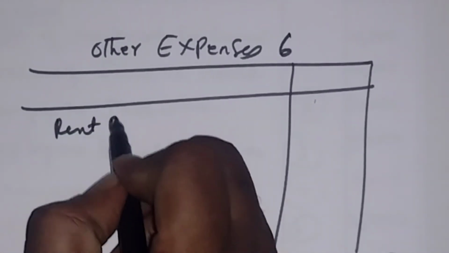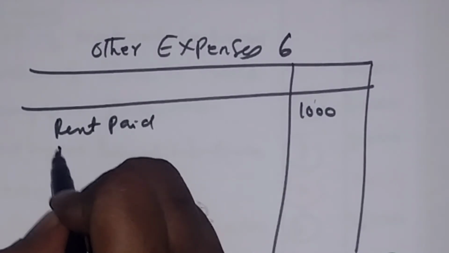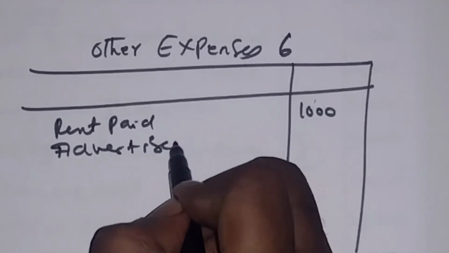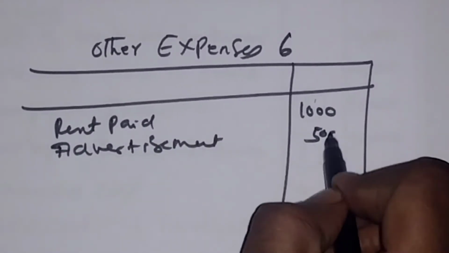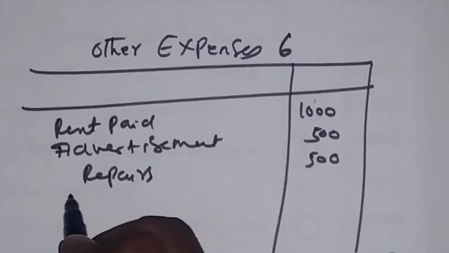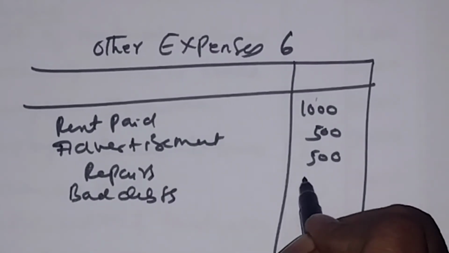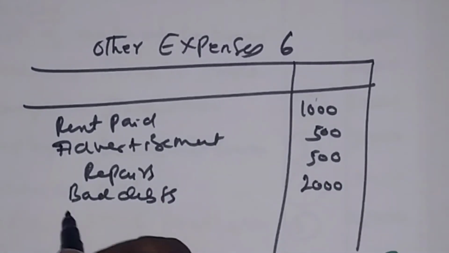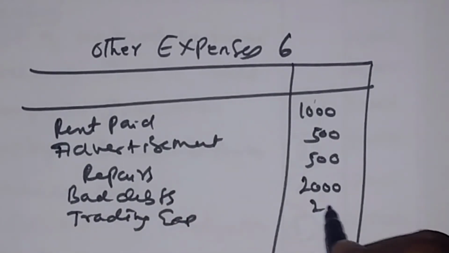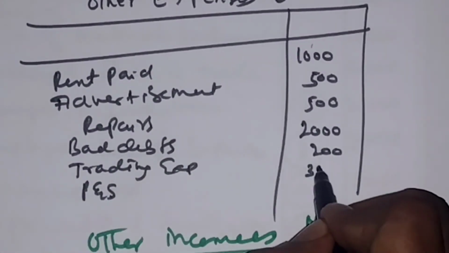I'll concentrate on rent paid 1,000, advertisement 500, repairs 500, bad debts 2,000, trading expenses 200, printing and stationery 300.